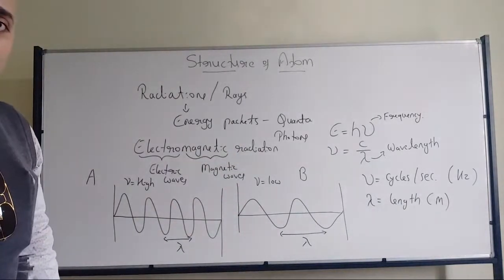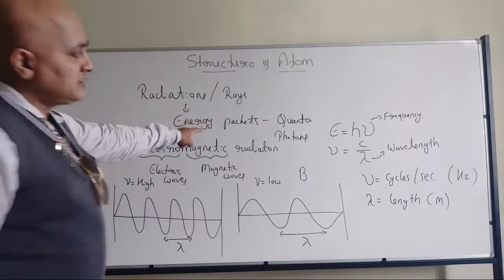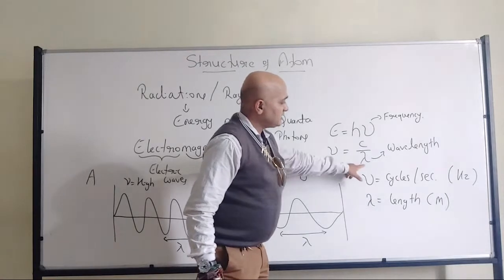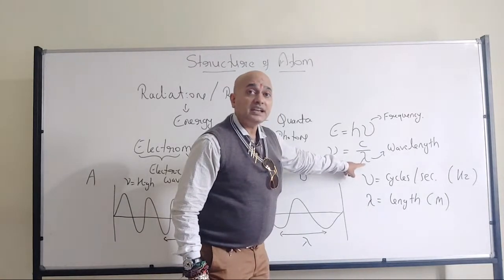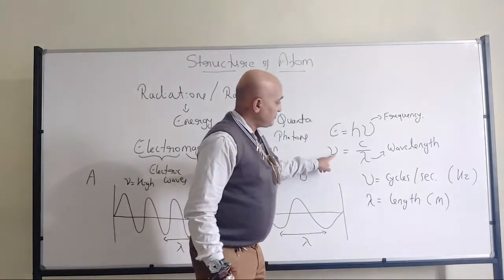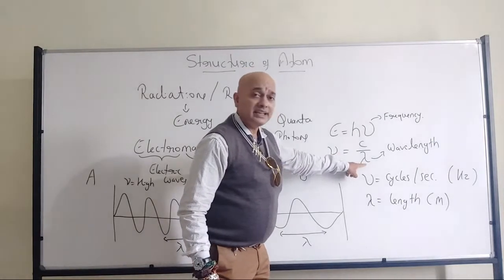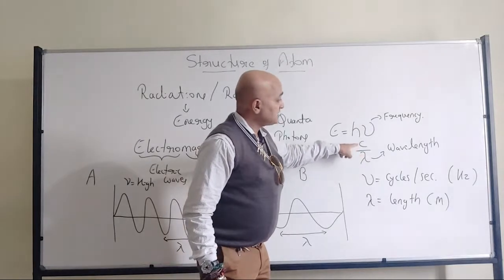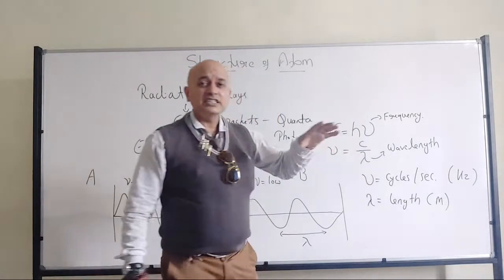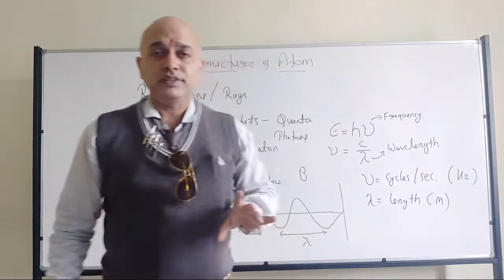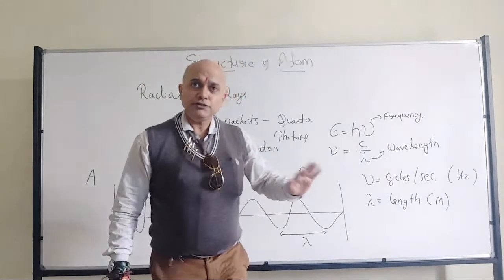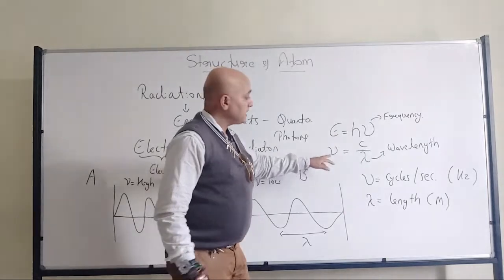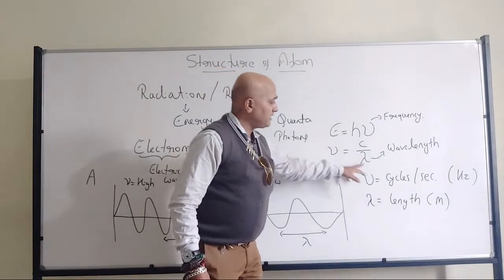So as the equation tells, frequency and wavelength are inversely related to each other. C is constant, that is the speed of light in vacuum, 3 into 10 to the power of 8 meter per second. No need to worry about C, but we are focusing on nu and lambda.